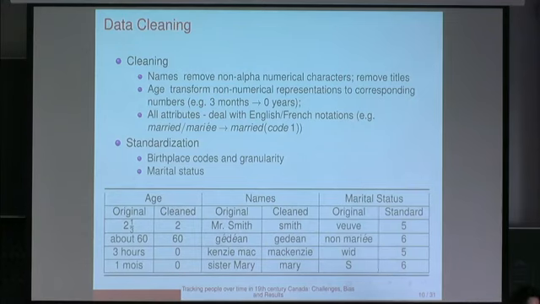Exactly why that happened in the census, we don't know, but it was in quite a big number of records, so then we decided to just move it to the beginning of the name, again for consistency, to be able to do the linkage. For the marital status, we had several original strings in both English and French, and then we just coded those with some numerical codes to account for single, married, widowed, and divorced.